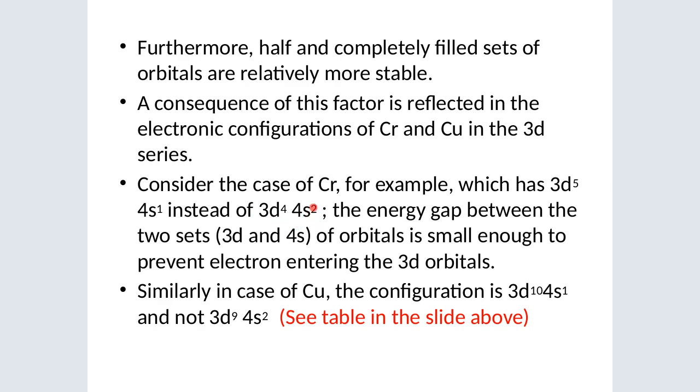So you will find that instead of 4s having 2 electrons, one of the electrons is transferred to 3d, so that you have a 3d5. The d5 is half filled stability, so the electrons will move from s to d. And this is possible because the energy gap between the 3d and the 4s orbitals is very small. The electrons can easily move with a slight change in energy.